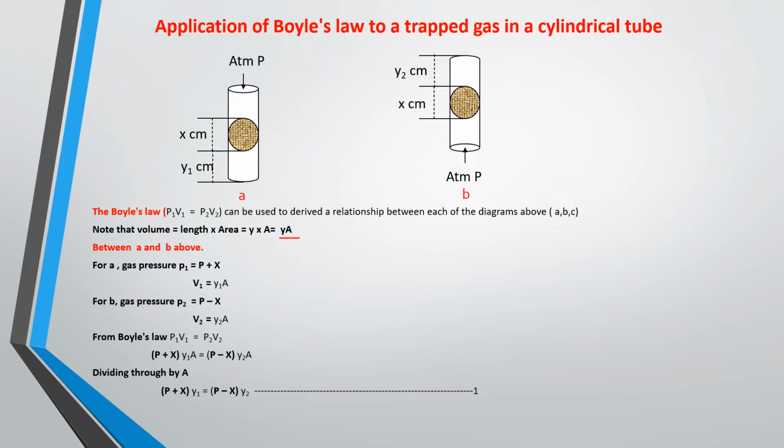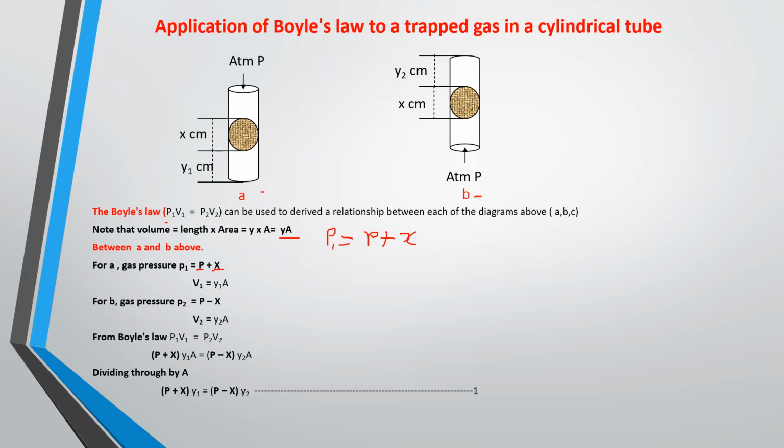So if we are going to use Boyle's law to solve the situation between A and B, this is how you go about it. So for A, the pressure on this gas equals atmospheric pressure P plus the pressure due to the length of the mercury, which is X. This is the pressure on the gas, and that will now be our P1.